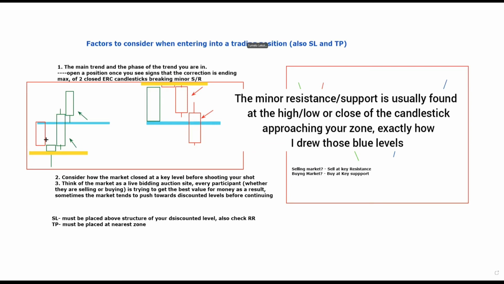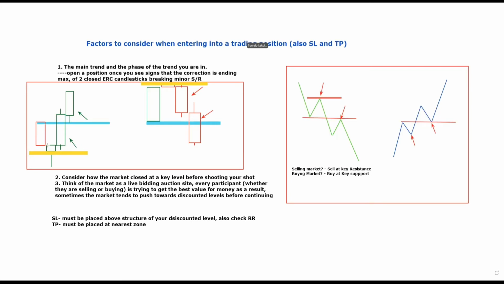If you're in an hour time frame, you're going to look for it at a 15-minute time frame. Look for a minor resistance. It's probably going to look like this. It's going to look like a lower high.